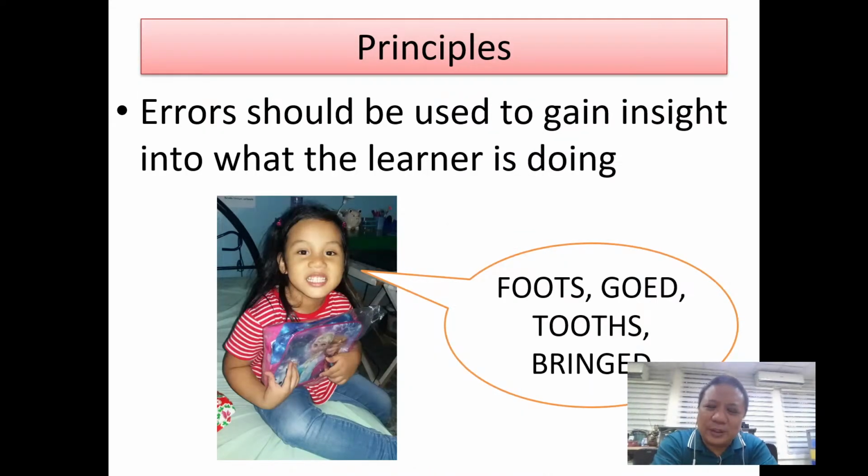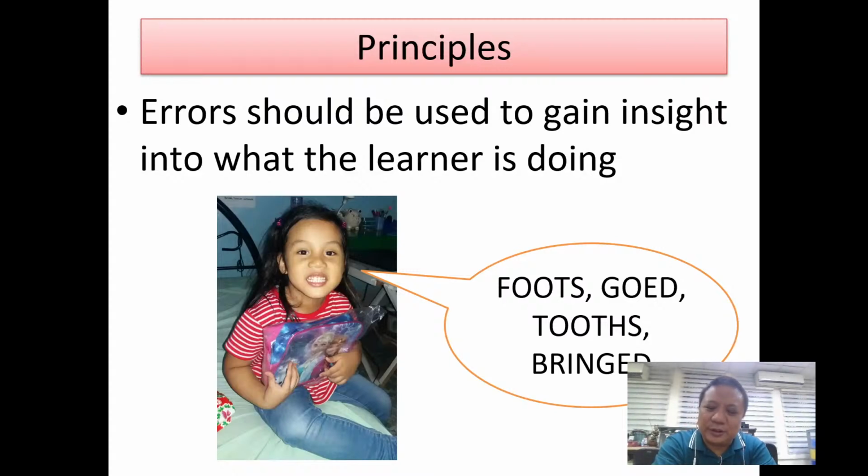Okay? According to proponents of communicative language teaching, errors should be used to gain insight into what the learner is doing. Errors should not be discouraged. Rather, you should use them to understand what the learner is trying to do.